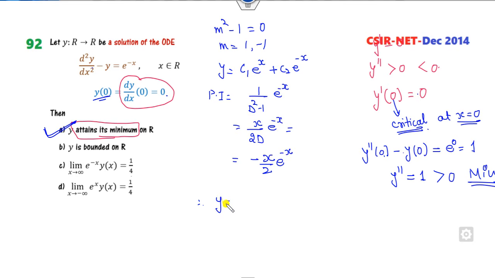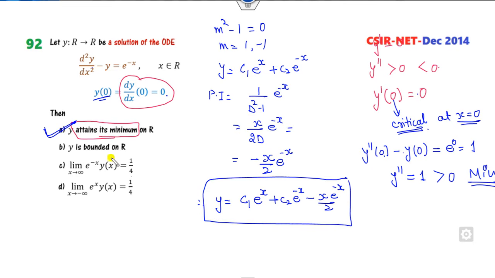So the solution of this is c1 e raised to power x, c2 e raised to power minus x, plus the particular integral. Fine. Now you can see the limit of e raised to power minus x times y as x approaches infinity. If you take e raised to power minus x, that will be only c1. The other terms will be e raised to power minus 2x.